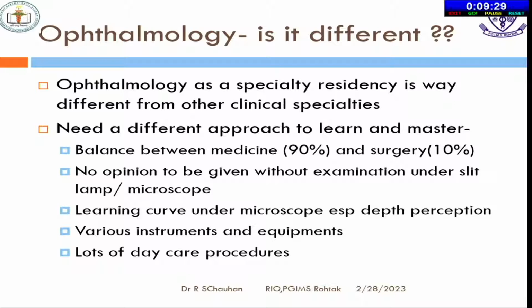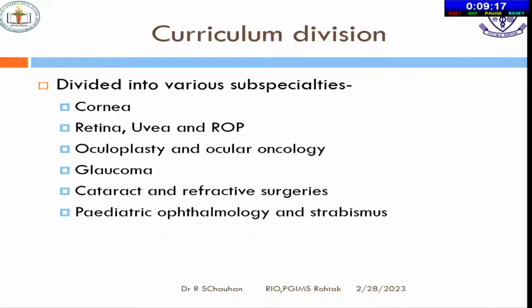At the MBBS level, you should know what is Snellen chart, what is ophthalmoscope, what is indirect ophthalmoscope. That's it. And all the procedures are daycare procedures. That is why ophthalmology is different. Now, even the curriculum is divided into cornea, retina, oculoplasty, glaucoma, cataract, pediatric ophthalmology, etc. So there are so many specialized branches, specialized areas which are not correlated with each other.